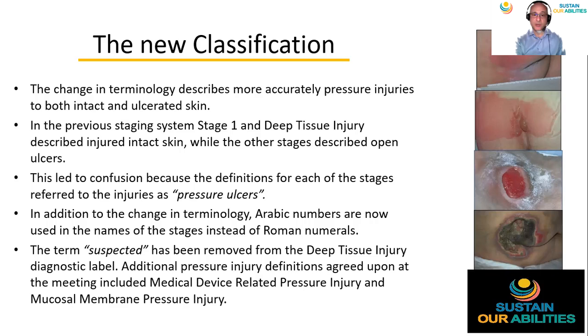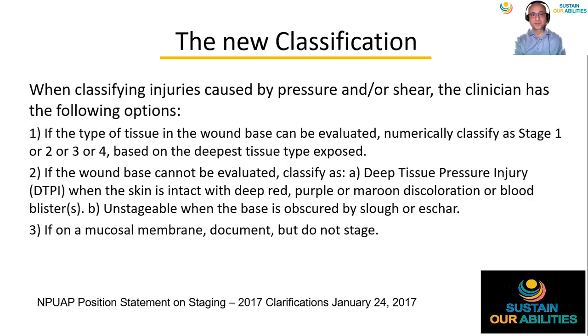Additional pressure injury definitions agreed upon at the meeting included medical device-related pressure injury and mucosal membrane pressure injury. When classifying injuries caused by pressure and or shear, the clinician has the following options. 1.